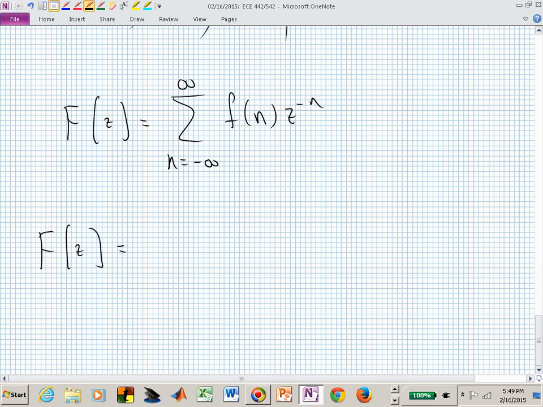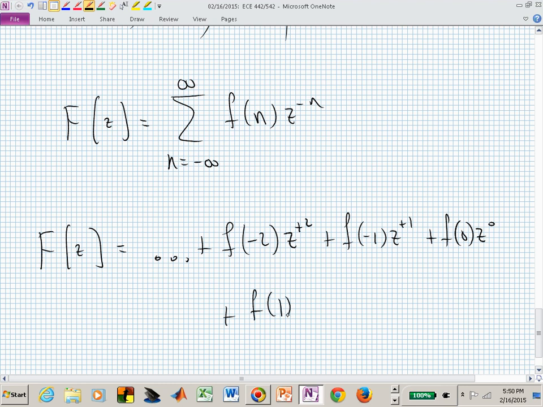Maybe it's not clear from that compact form what that looks like, but we can start building this up. We can say f of minus 2, z to the minus minus 2, plus f of minus 1, z to the minus minus 1, plus f of 0, z to the 0, plus f of 1, z to the minus 1, plus f of 2.